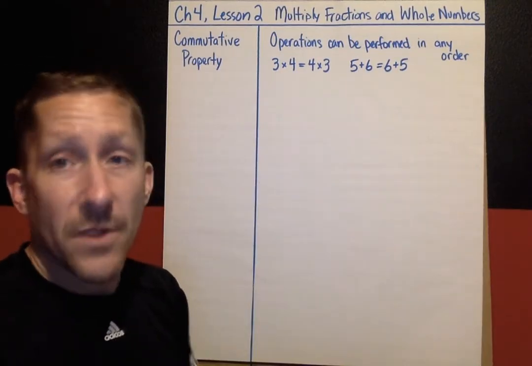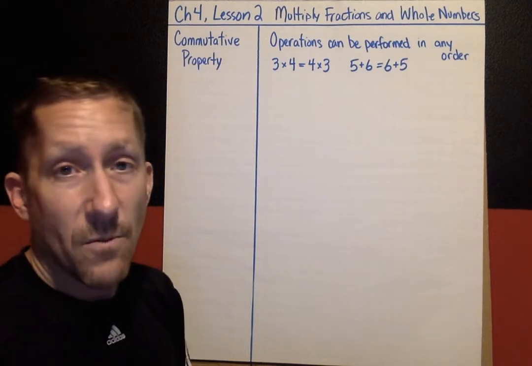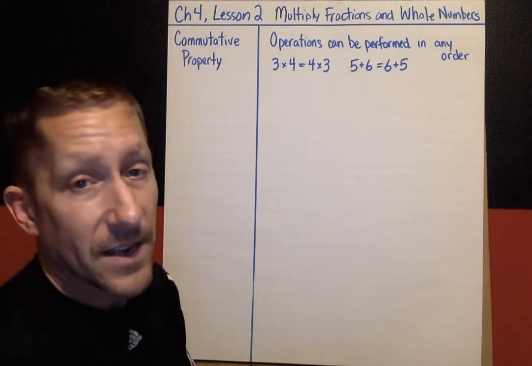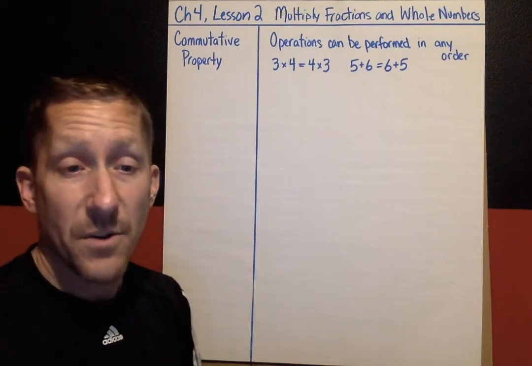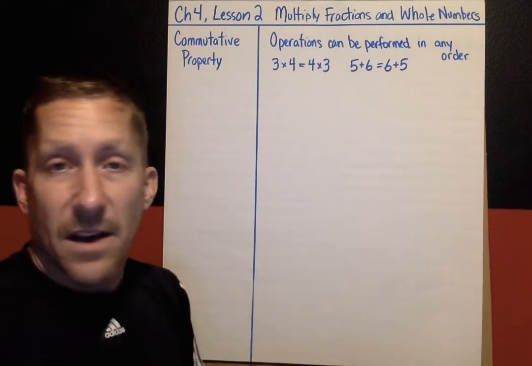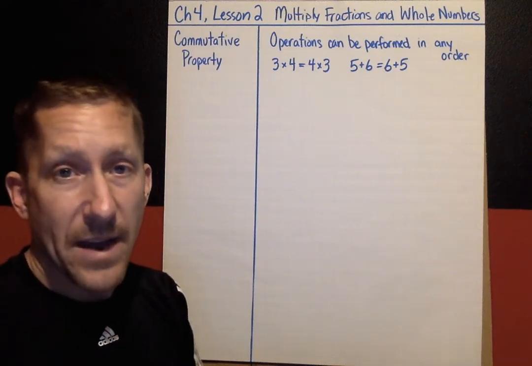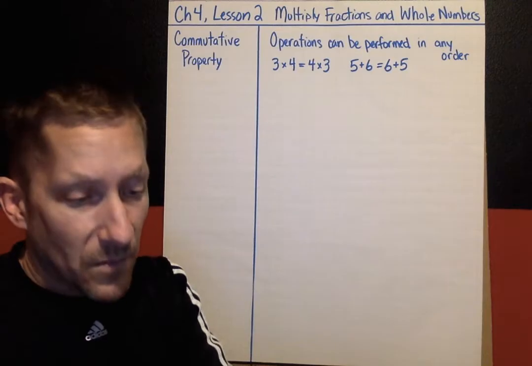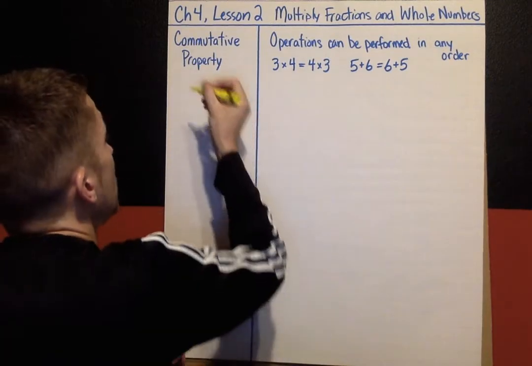There is no commutative property, though, for subtraction. 5 take away 1 is not the same thing as 1 take away 5. And also with division, there is no commutative property. 8 divided by 2 is not the same thing as 2 divided by 8. So that was the first thing I wanted to quickly talk about today, the commutative property.